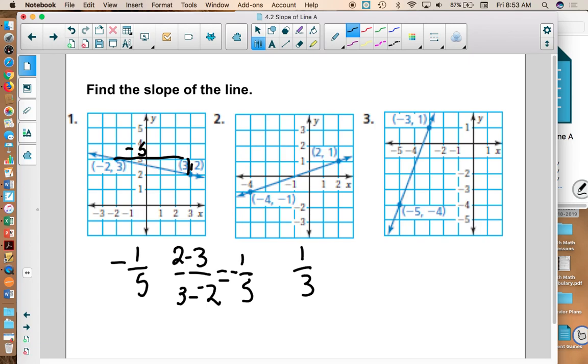What is number 3? What's the slope of number 3? Dakota, what do you think? And you've got time. I'll let you calculate it, whatever you have to do, but I want you to tell me what it is.